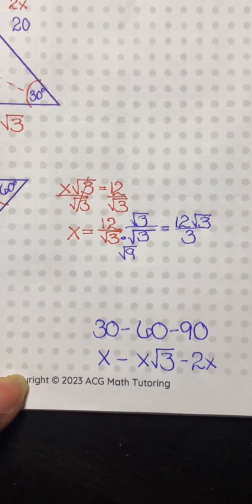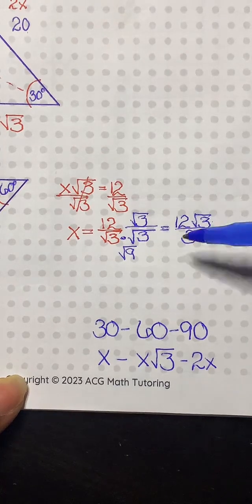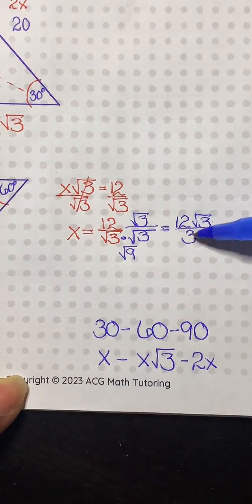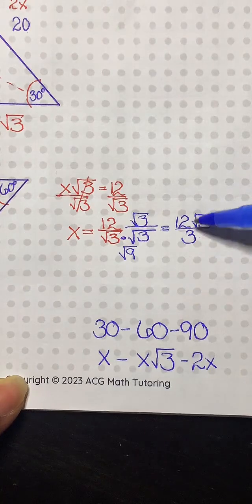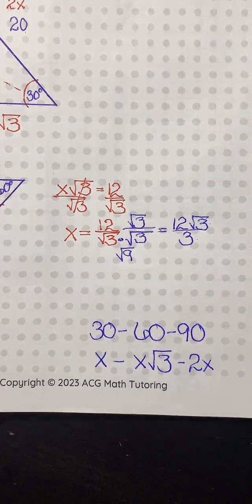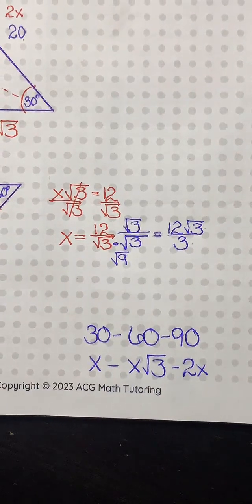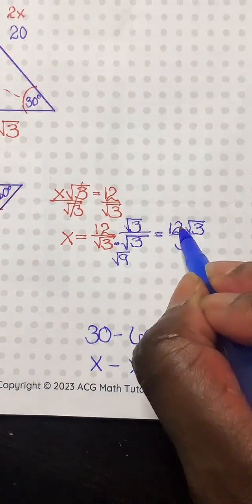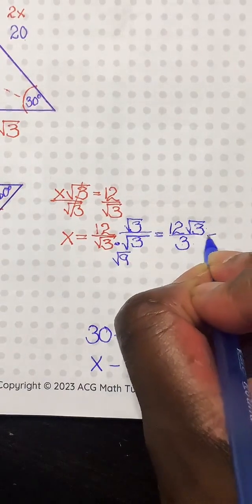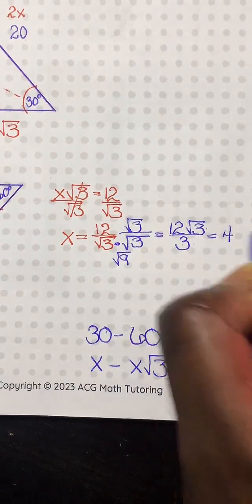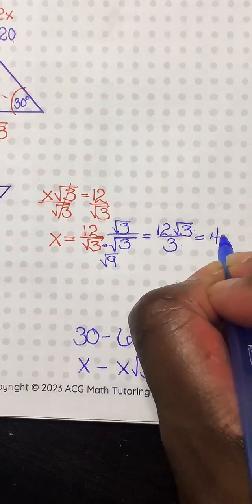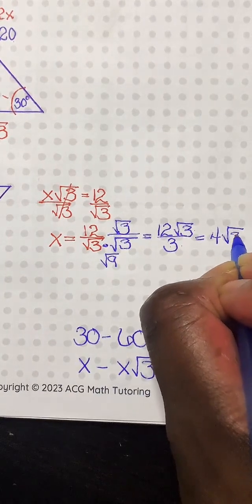Yes, we can divide the 12 and the 3. Both of them are rational numbers. I think so. We might do something else, but it all depends. So 12 divided by 3 gives me 4. And then that square root of 3 comes on down.